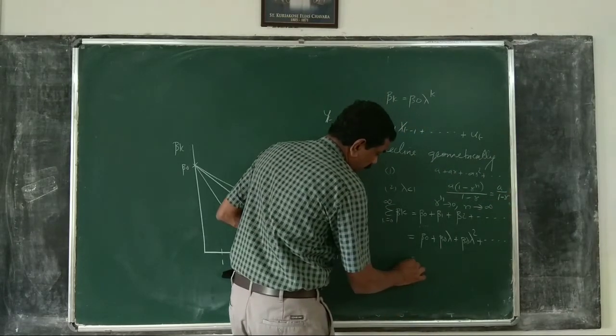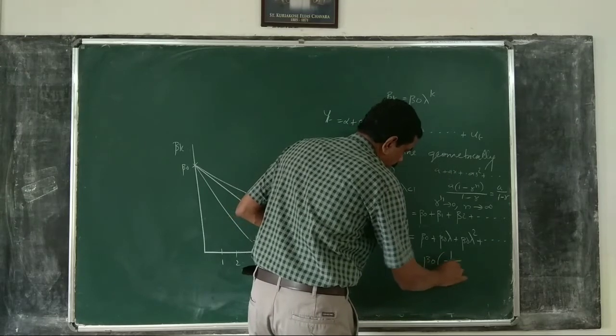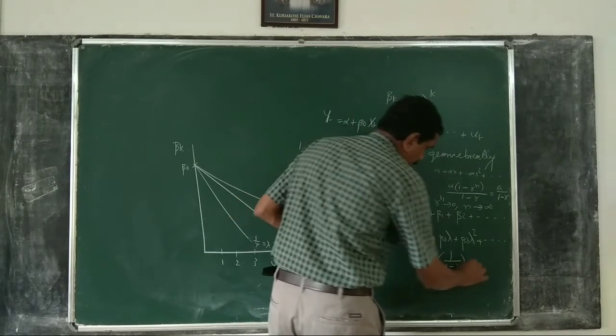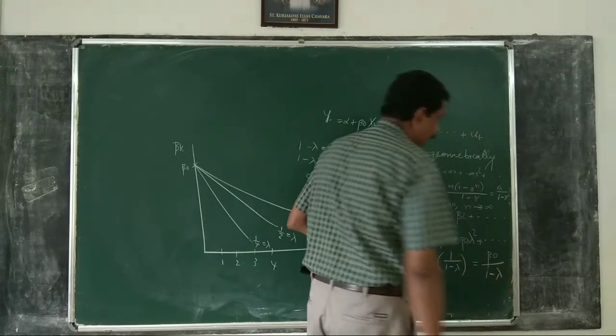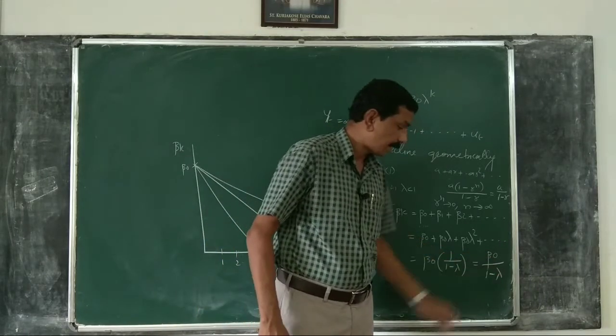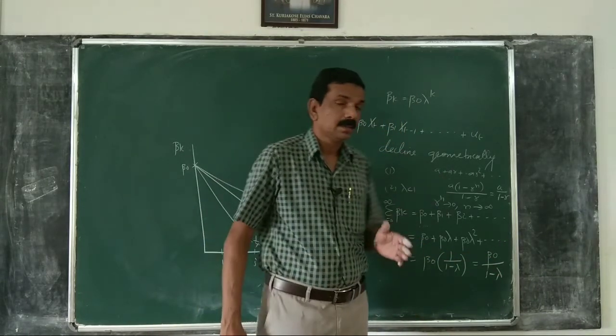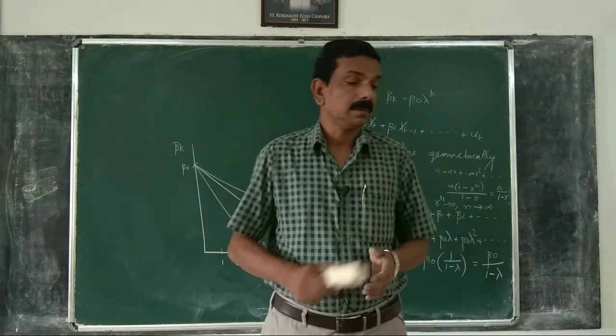So using this we can write it as beta 0 into 1 by 1 minus lambda, which equals beta 0 by 1 minus lambda. So if we know the value of beta 0 and lambda, we can calculate the long run multiplier.